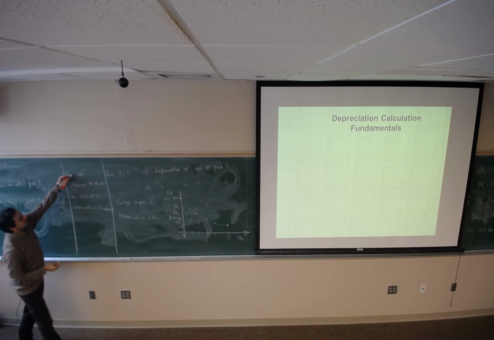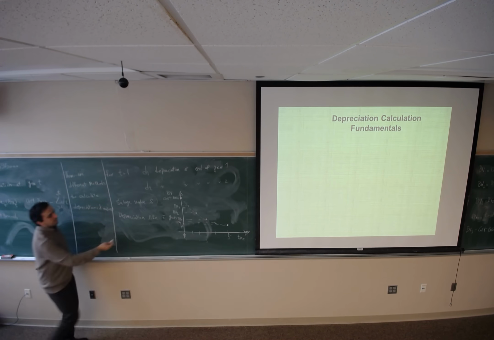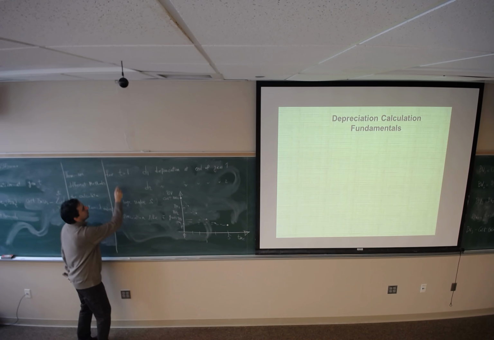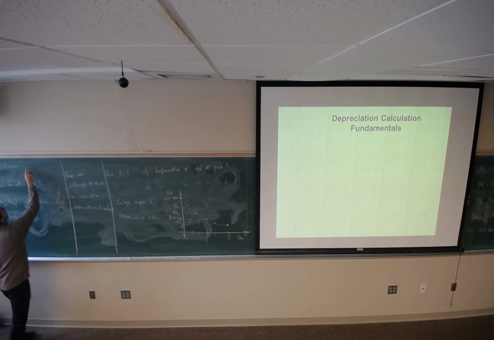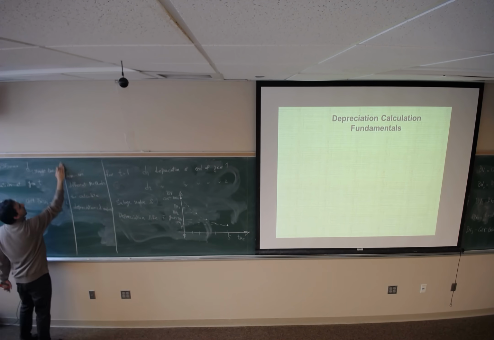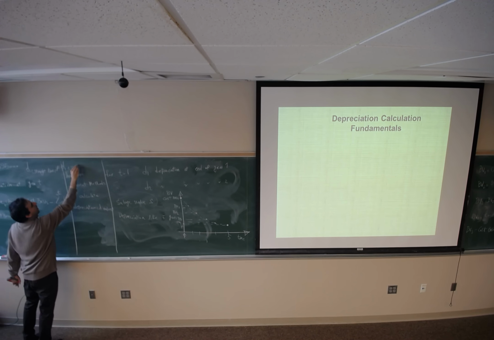What is the difference between the different methods? The different D. One of the methods is straight line, and we will talk about that. D1 in straight line is going to be different than D1 in the SOYD method.